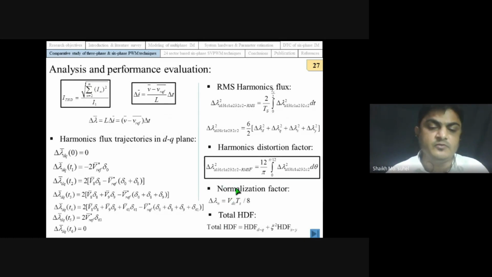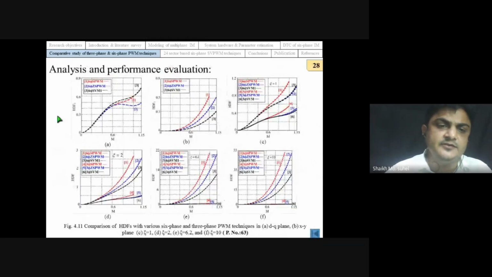But as our SVPWM techniques operate in 2 planes, we need to calculate the total HDF using this equation, where zeta represents the leakage coupling coefficient. These are the results that we obtain for all the 6-phase and 3-phase PWM techniques. And remember, the zeta values are 1, 2, 6.2 and 10.